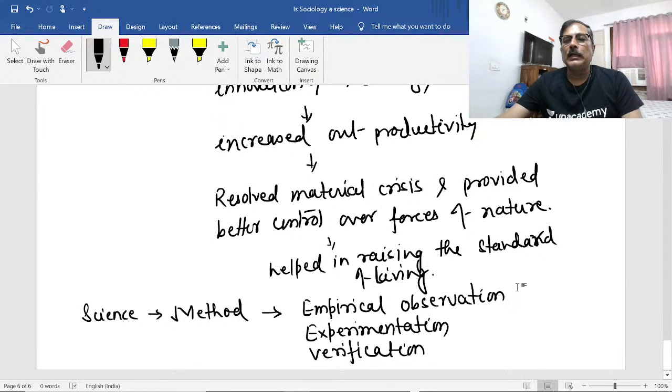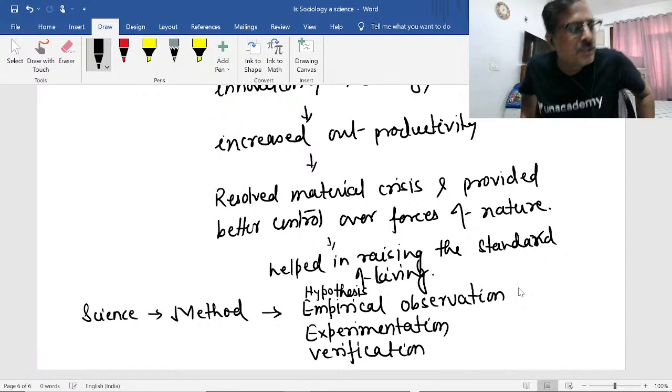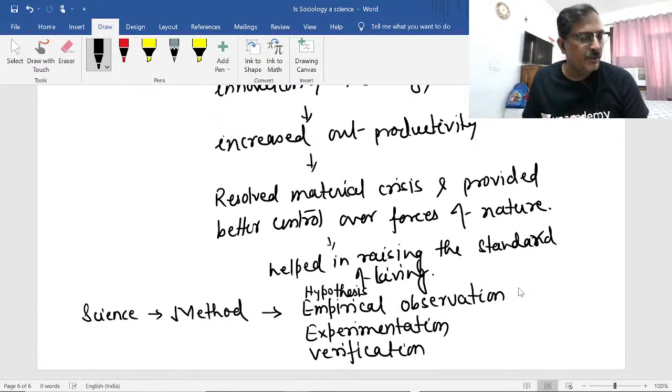So generally what you will see is that any experiment proceeded with hypothesis formulation. Based on your current knowledge, hypotheses were framed, and then to prove that hypothesis, experiments were conducted, with an intention to verify the hypothesis.